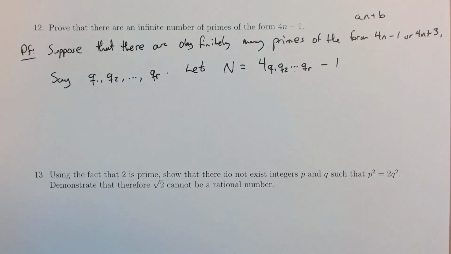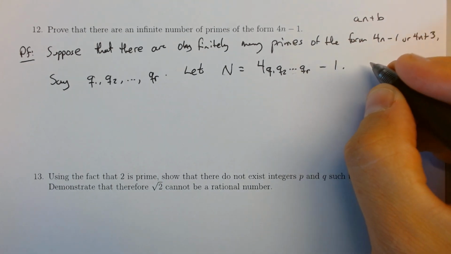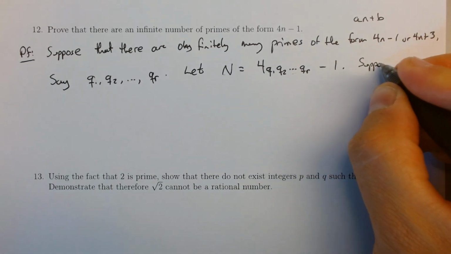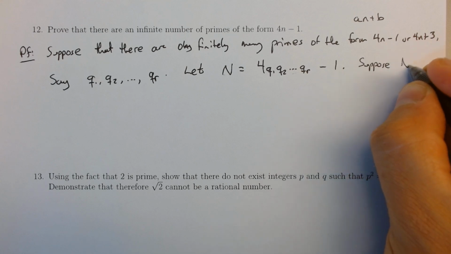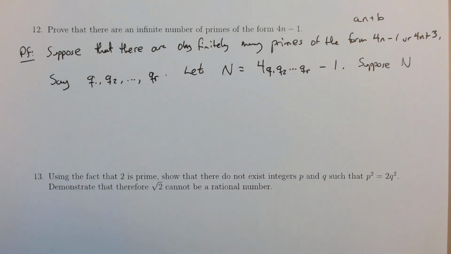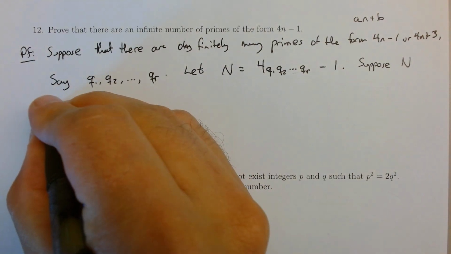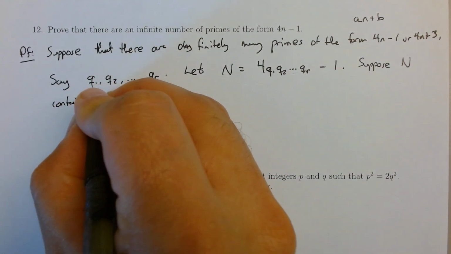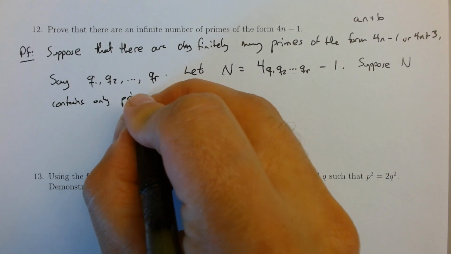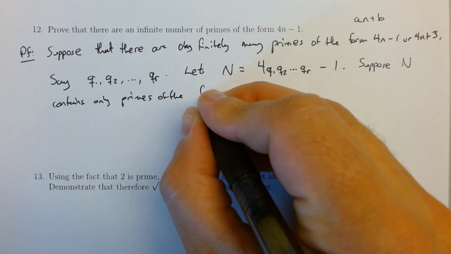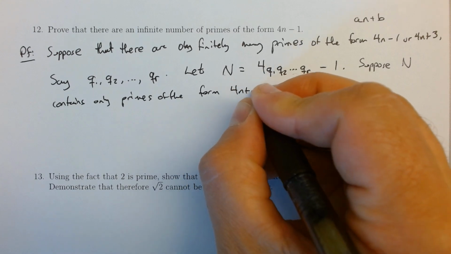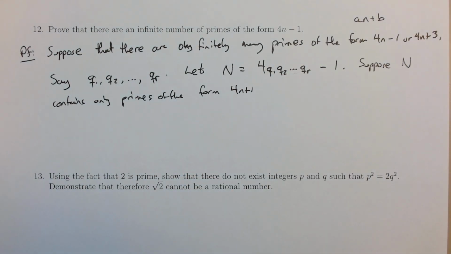So kind of contradiction within contradiction here. If we suppose, for the sake of contradiction, that n contains only primes of the form 4n plus 1, then its remainder when divided by 4 will be a 1.